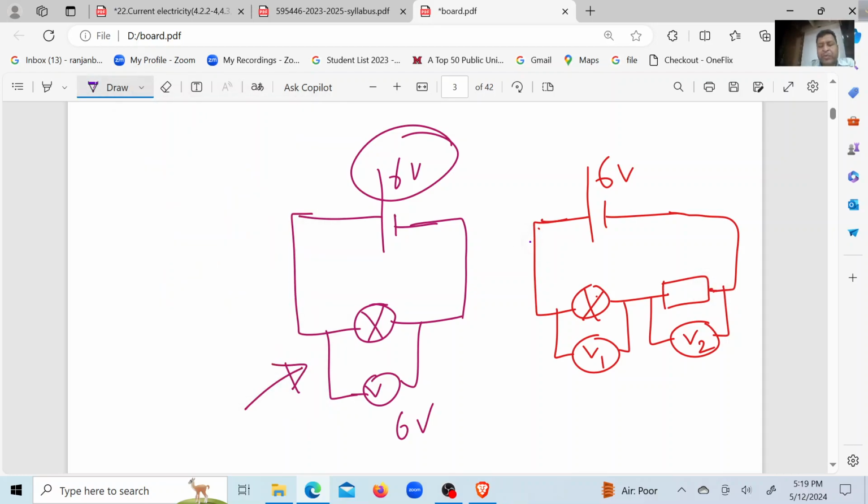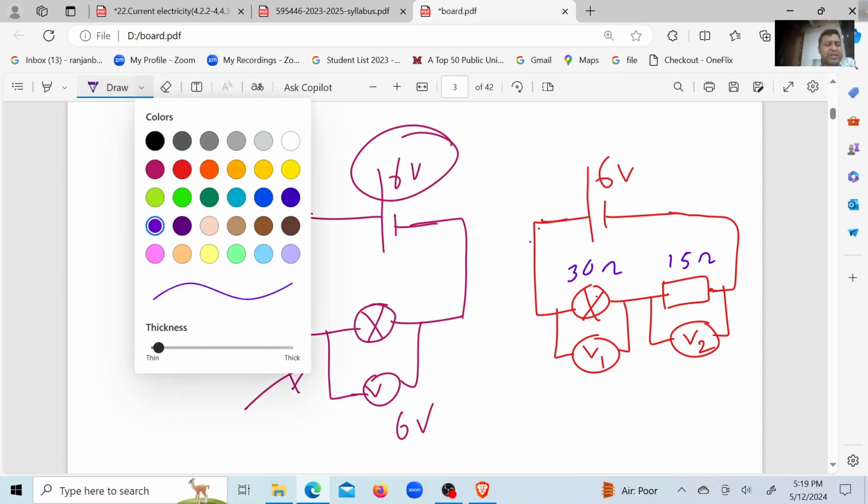For example, if this lamp has a resistance of 30 ohm and this has a resistance of 15 ohm, what is the ratio of resistance now? 30 by 15 is 2. So 1 is to 2.